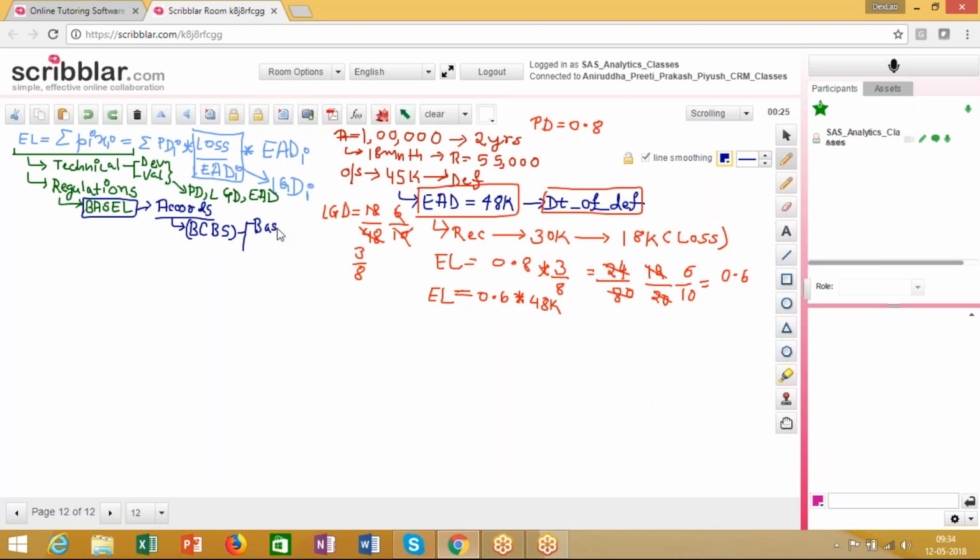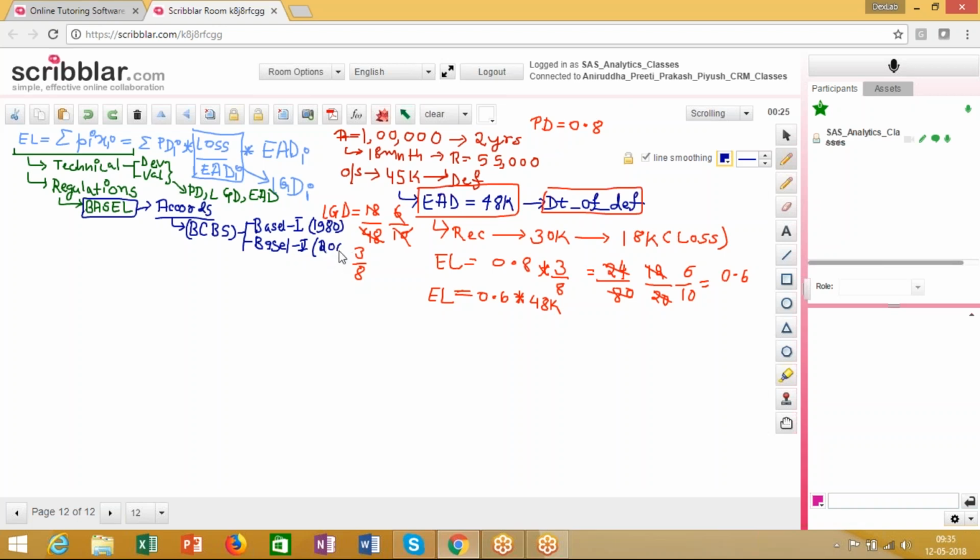So first came Basel one, which was 1980. I don't really remember whether it's 1980 or 1990, something around that. So Basel 2 is that framework. It was one of the most important frameworks which the Basel Committee had suggested, because it led to the foundation of the AIRB approach, right? So if Basel 2 was not there, then all these job requirements on PD, LGD and EAD would not be coming into your inboxes, right? And I would not be running off over here on my CRM module.